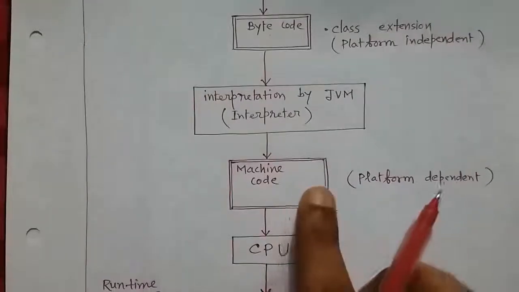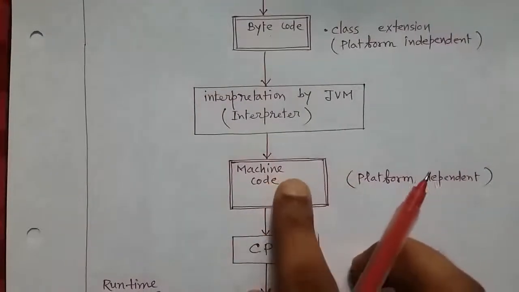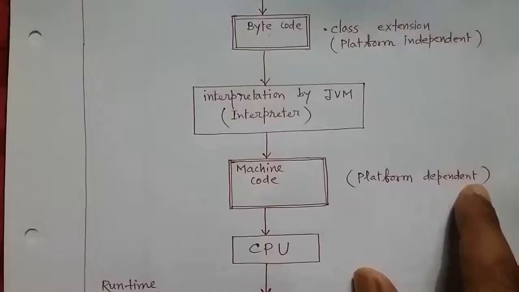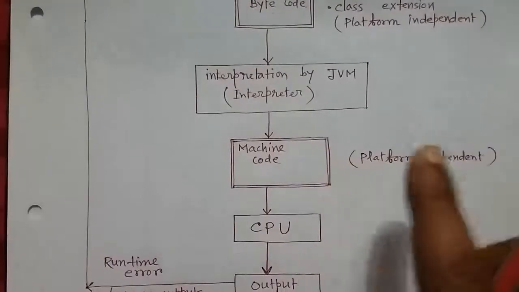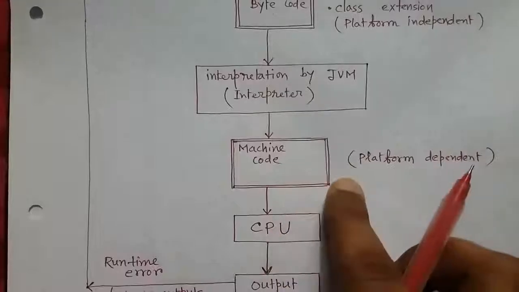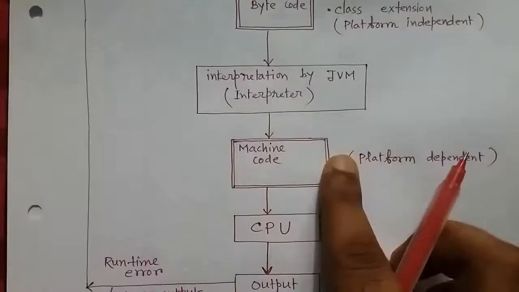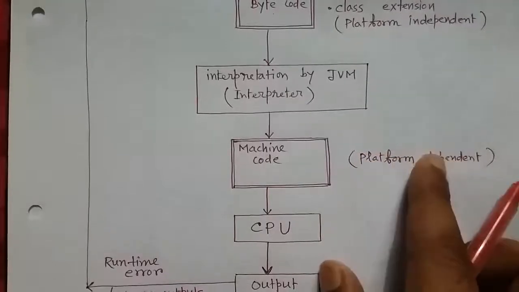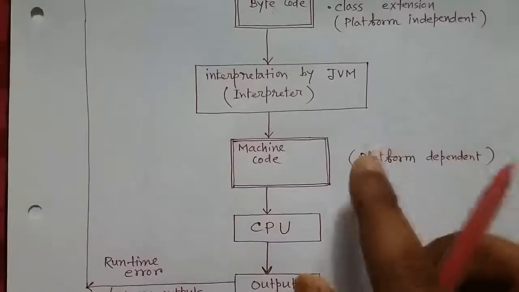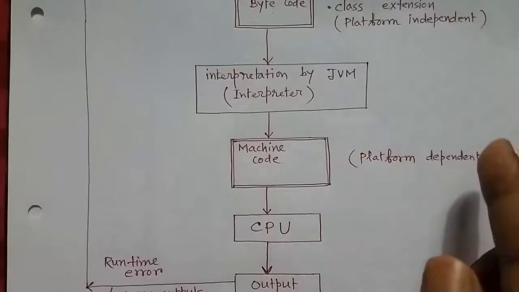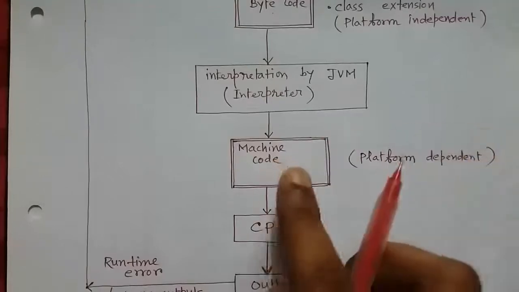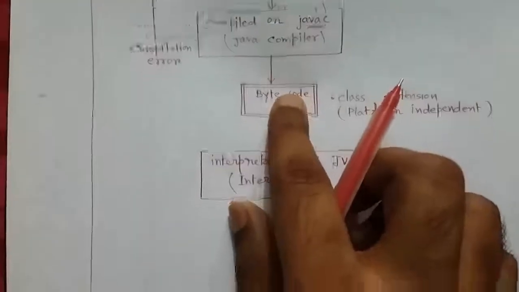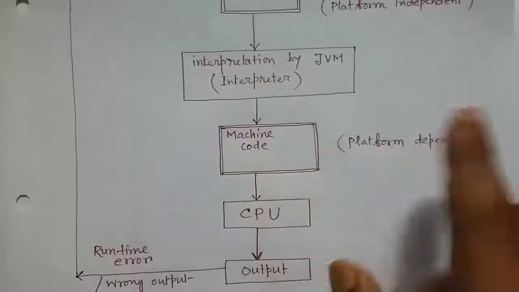The machine codes are platform dependent as the machine codes for different platforms are different from each other. For example, the machine code for a system with MS-DOS operating system is different from the machine code of a system having Windows 7. So the JVM converts this bytecode to machine code accordingly.